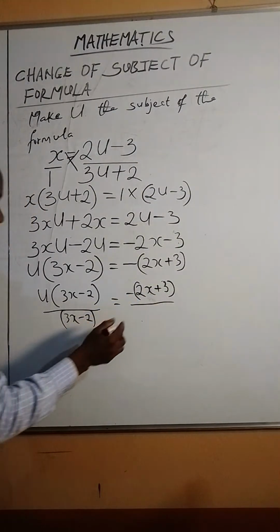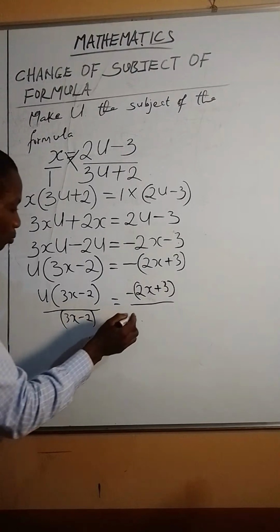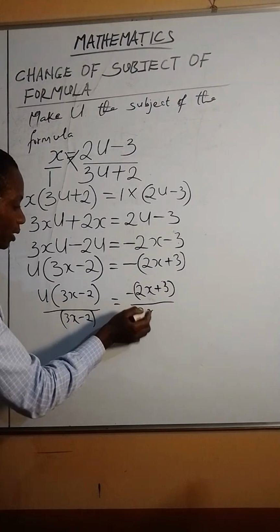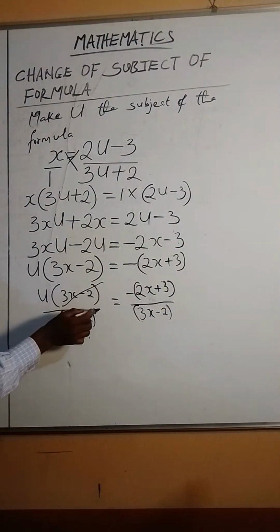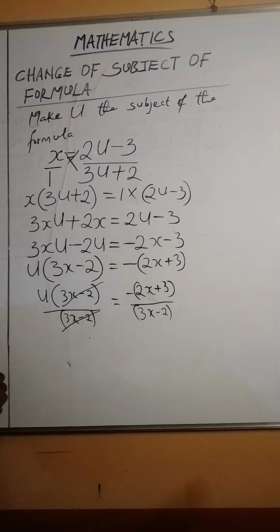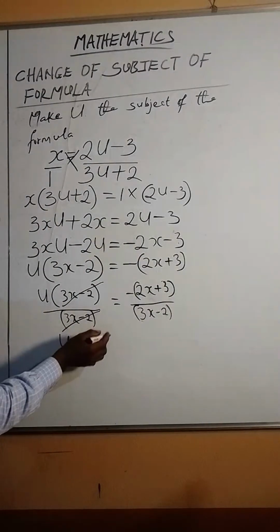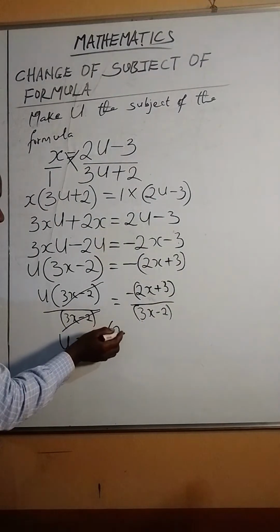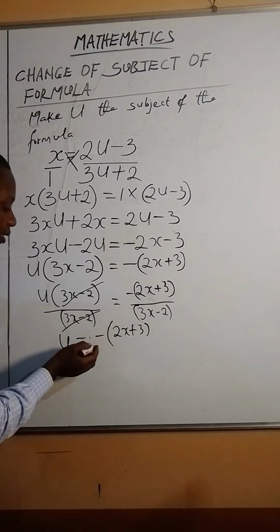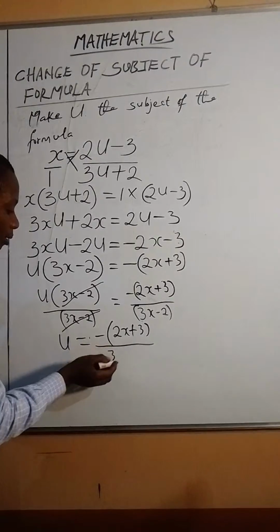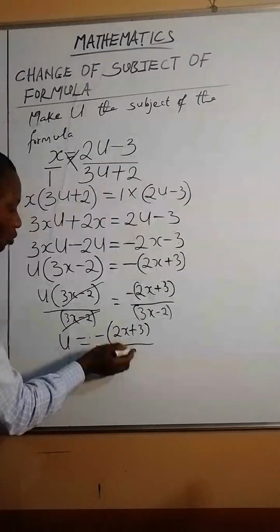Then here we have 3x minus 2. We are now aware that these two are similar and cancel each other, and when they cancel, we are left with u equals minus open bracket 2x plus 3, then divided by 3x minus 2.